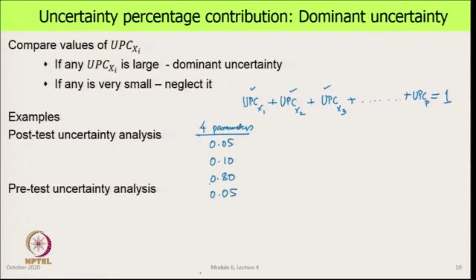So, we check the sum is 1. Now, if this is the way the numbers stack up, just by looking at these numbers, it tells us that here you have a number which is very large, a large fraction of the total, which is 1, and much greater than the others that are there.